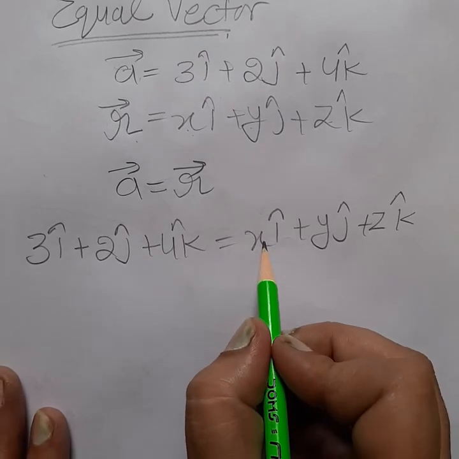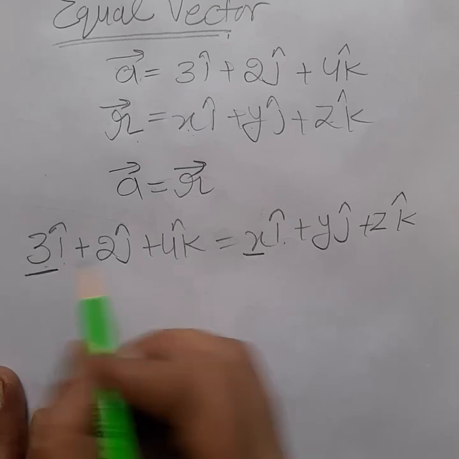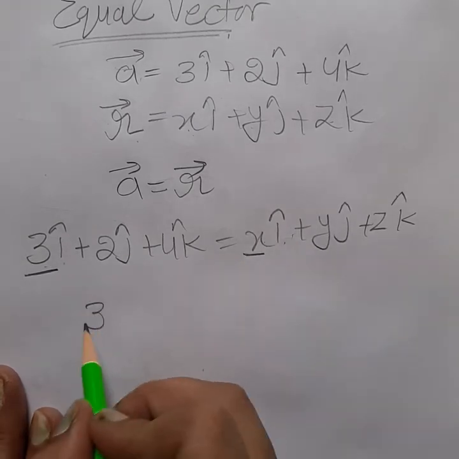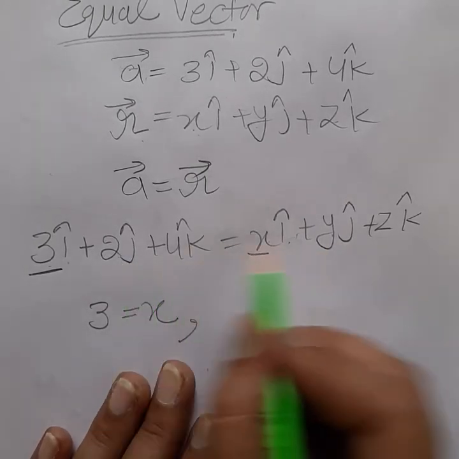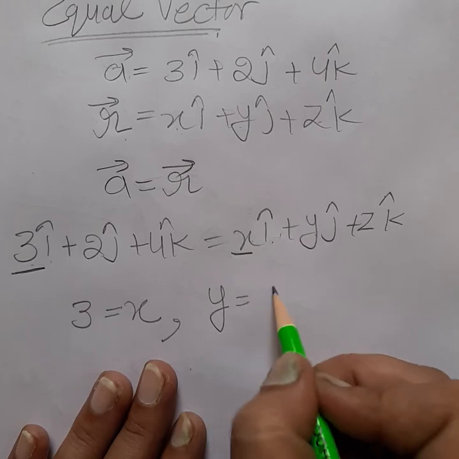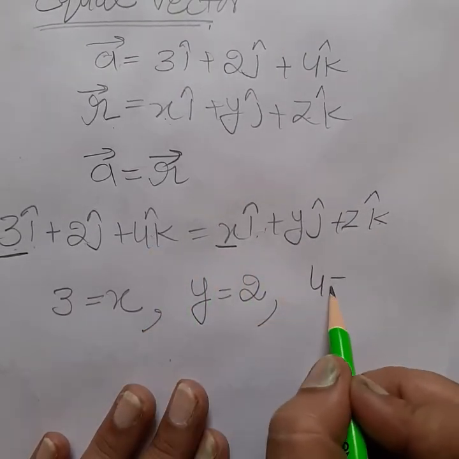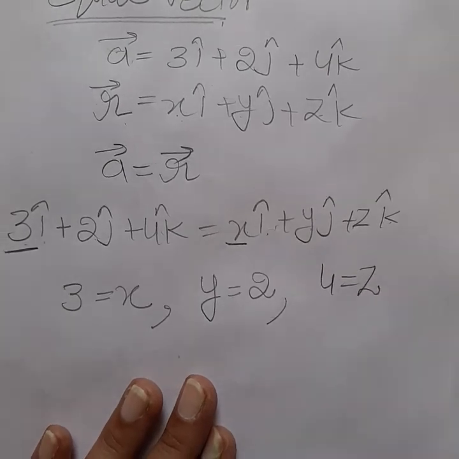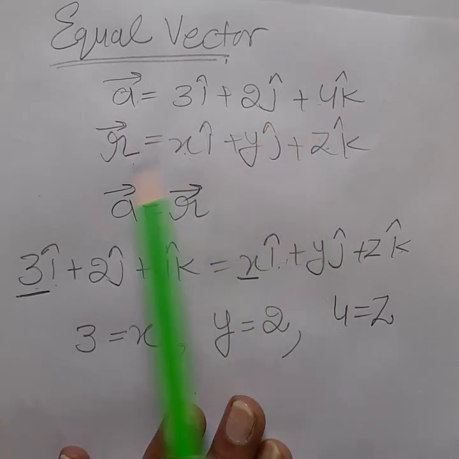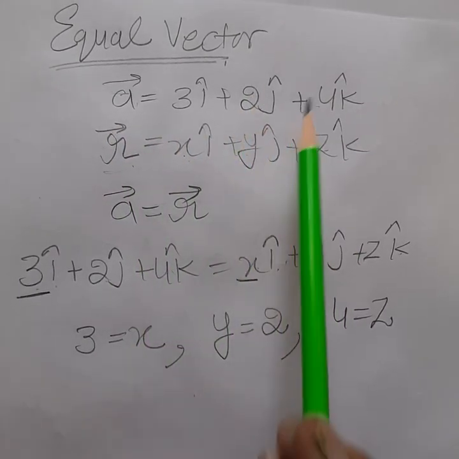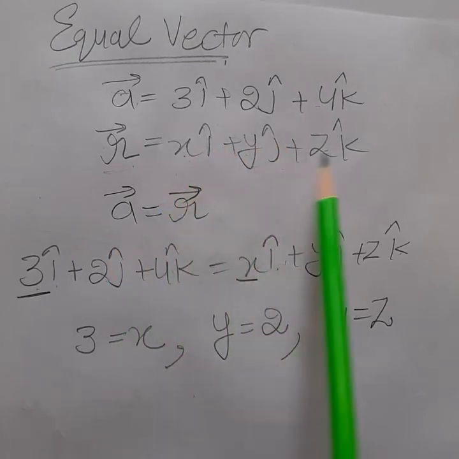After comparing the vectors, if we compare i on both sides, we get 3 equal to x. Comparing j, we get y equal to 2, and the coefficient of k gives 4 equal to z. So if the question says both vectors are equal, then find the values of x, y and z.